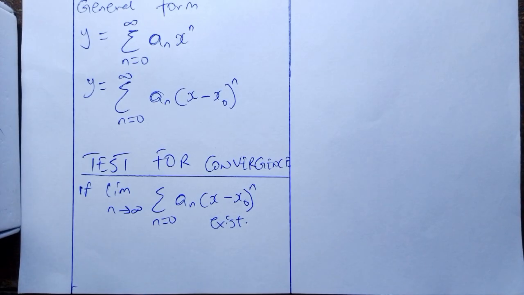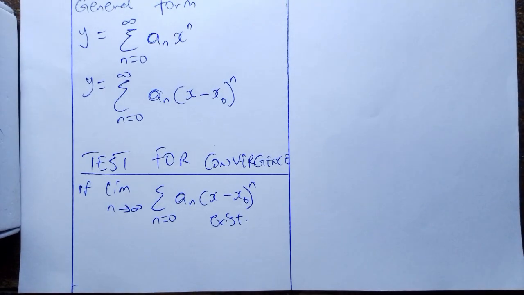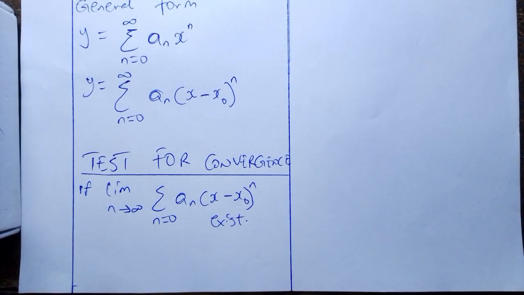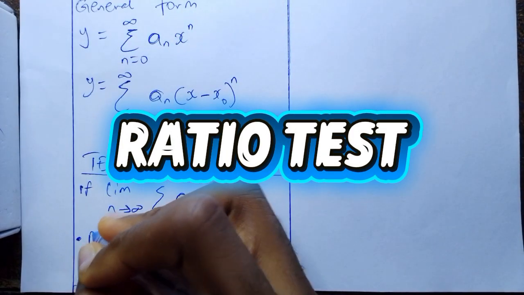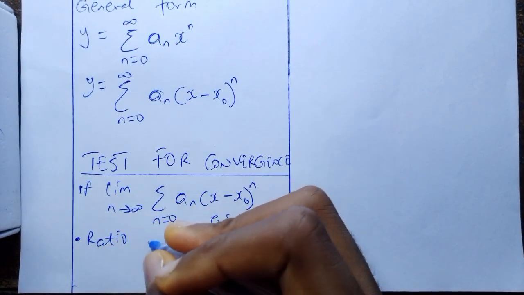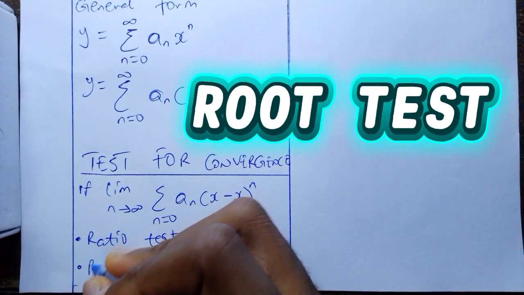And now we're talking about limit, there's a question everyone is asking: how can we find this limit? You can find the limit using two tests. Either you use the ratio test or you use your root test.